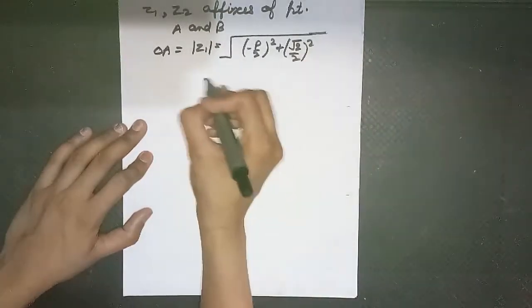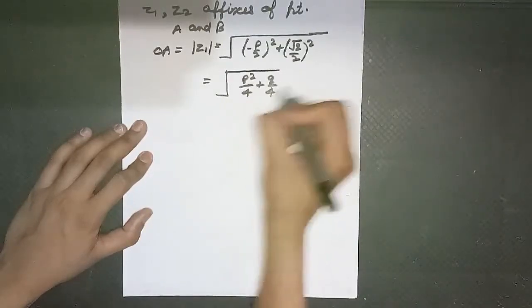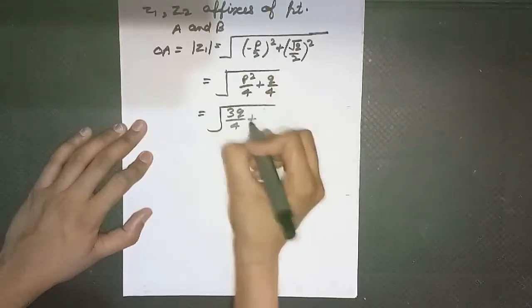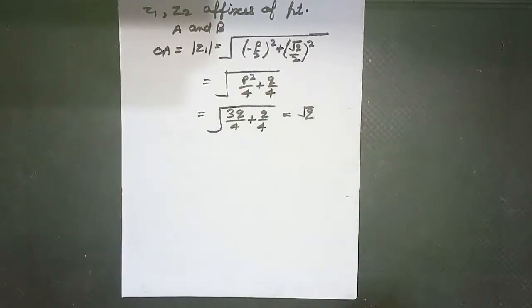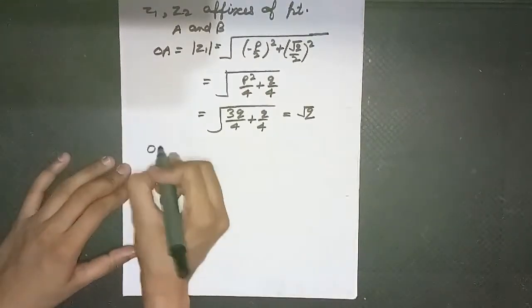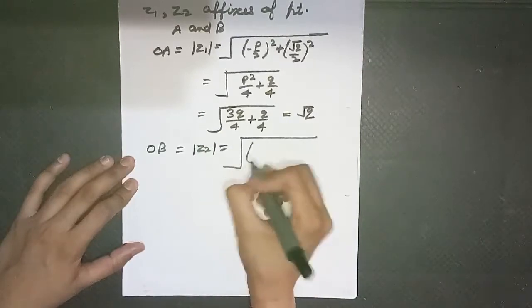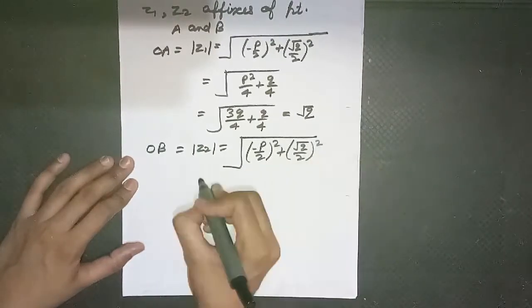So this is equal to √(p²/4 + q/4). So this is equal to √(3q/4 + q/4), and this is equal to √q. This is the length OA, right? Now OB is equal to |z2|. This is equal to √((−p/2)² + (√q/2)²).